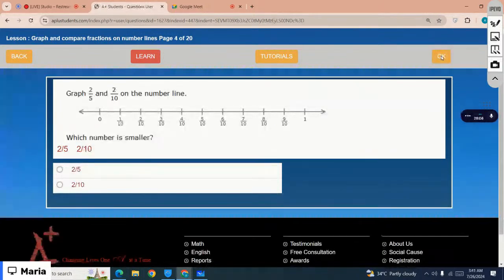2 by 5 and 2 by 10, which number is smaller?